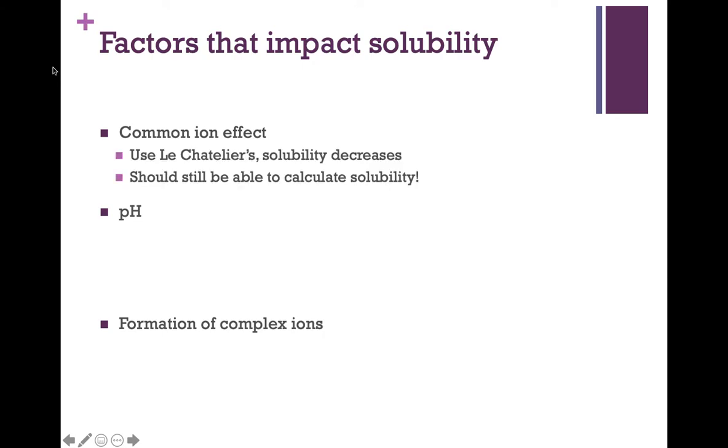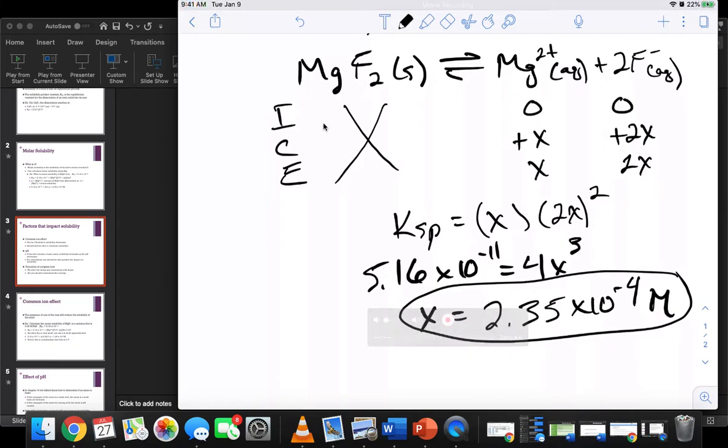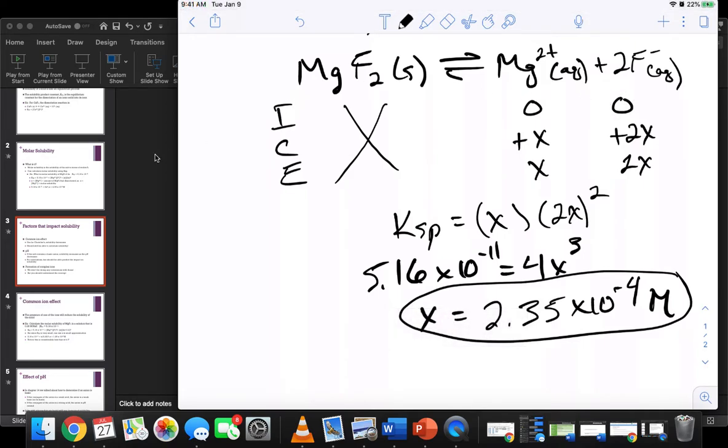The common ion effect, we've seen a little bit in terms of buffers, where something is already in the solution as far as the dissociation that's happening. As an example of what the common ion effect really is, if I look back at my table here, for the last example, if I had this reaction, the common ion effect is when one of these starting concentrations is not 0. And if one of these starting concentrations is not 0, the effect is really a Le Chatelier's effect, Le Chatelier's principle.